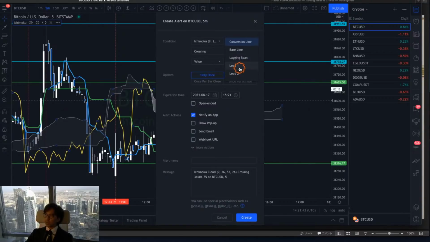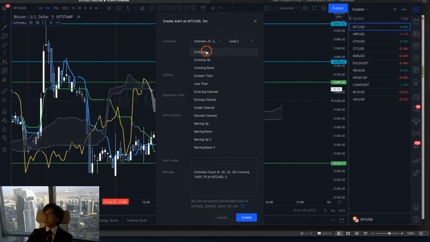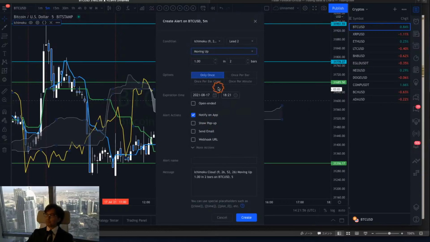Lead 1 is Senkou Span A, Lead 2 is Senkou Span B. So you just simply take either one, and I think it's moving up. You can take move up for angle up, and you simply create, and this is an angle up of Senkou Span B alert.